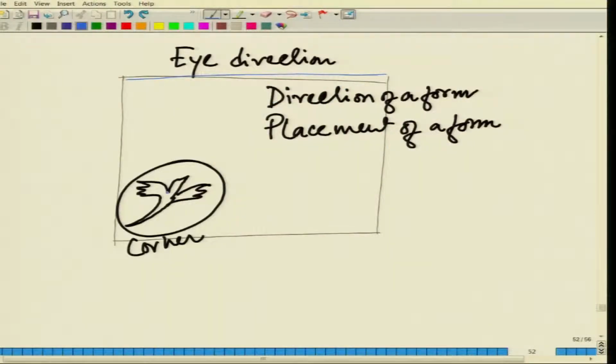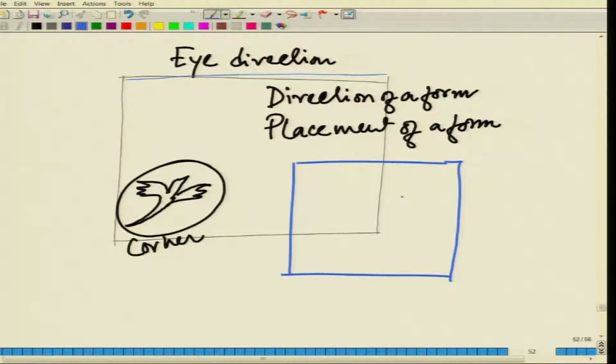So, if we place the same object somewhere at the middle of a composition, it may look more static.